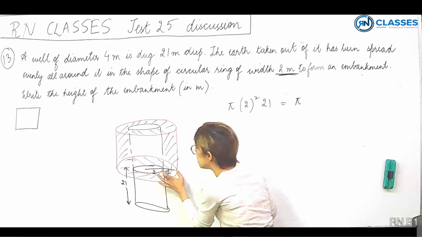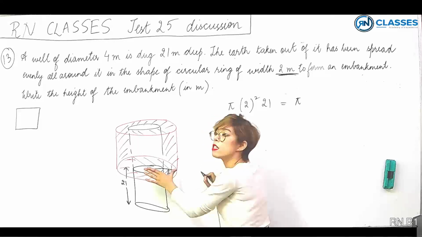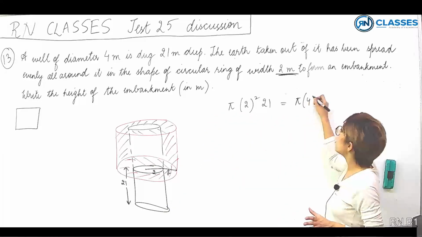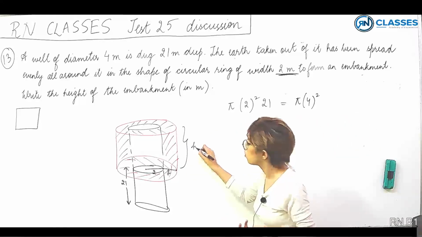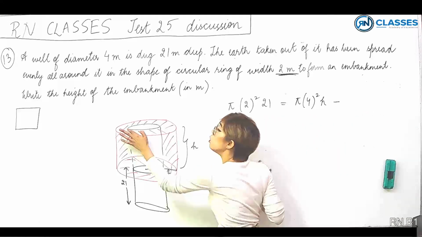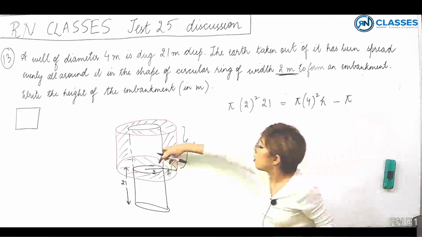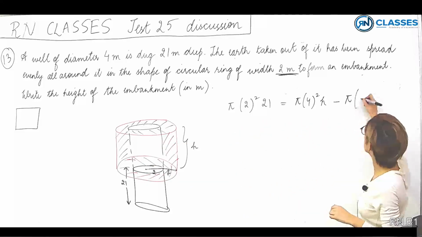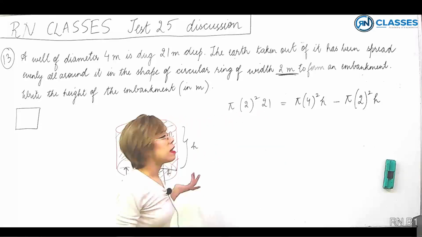So, if this is 2, this is 2. The radius is what? Radius is 4. The outer radius is 4. So, pi 4 square into height. Height I need to find out. So, let that height be h. Right, so into h. Minus. Now, the volume of this inner cylinder, minus pi, radius is what? 2. So, 2 square into h. Right. Now, we have an equation in h.